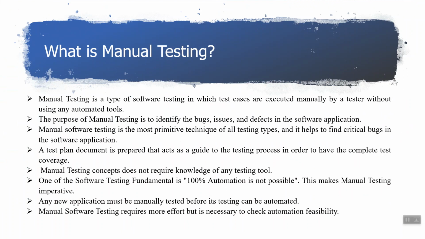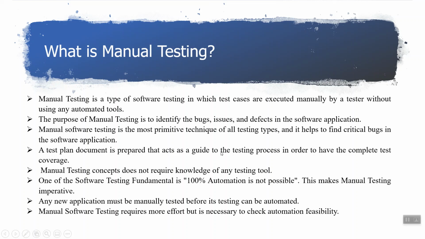So, starting with what is manual testing? As the name suggests, manual testing is one in which application testing happens manually. So here, manual testing is a type of software testing in which test cases are executed manually by a tester without using any automated tool. The purpose of manual testing is to identify the bugs, issues, defects in the software applications.